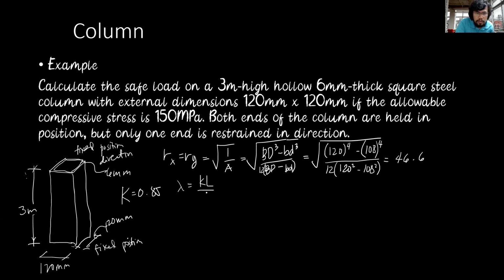So the slenderness ratio is KL over A, and it's 0.85 times the length, which is 3,000.